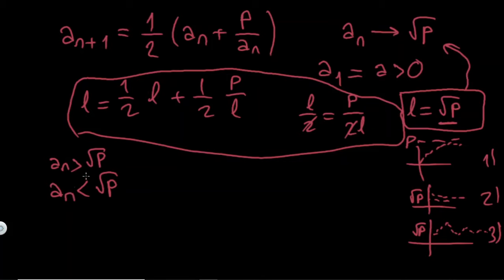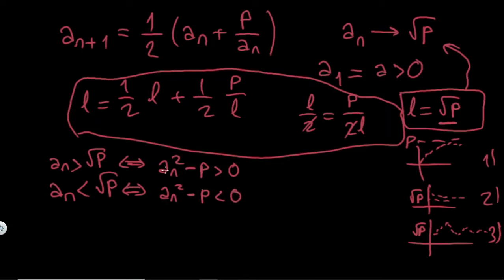It's easier to show that a_n is greater than the square root of p. Well, it's of course easier to show that a_n squared is greater than p, and it's even easier to show that a_n squared minus p is greater than 0. And this would be the same as saying a_n squared minus p is less than 0.